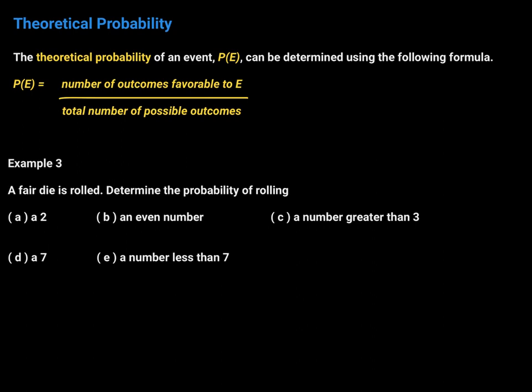Rolling a 2. P(E), for the first question, where E stands for the event that I roll a 2. The numerator is the number of outcomes favorable to E. You have 6 different outcomes, but there's only one favorable outcome, which is rolling a 2.